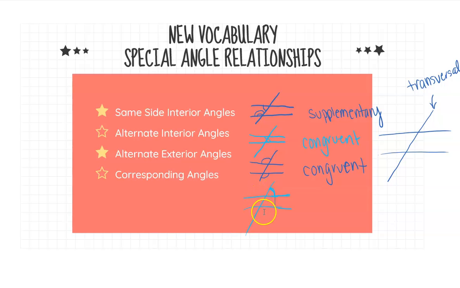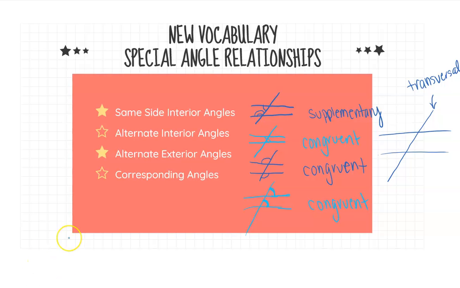So I want to know what angle is going to correspond with that. What angle is in the same position in the bottom four angles? So that would end up being right here. So those two angles are corresponding angles. Corresponding angles are also going to be congruent.